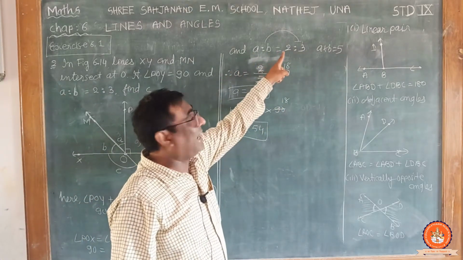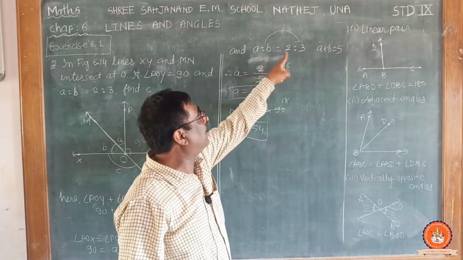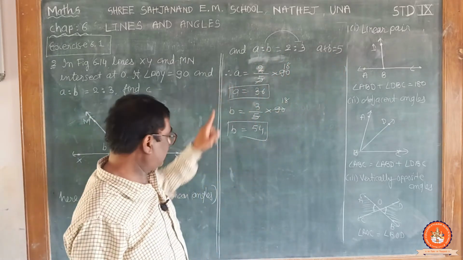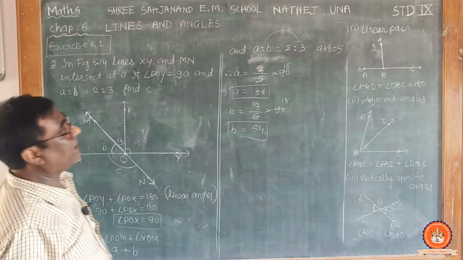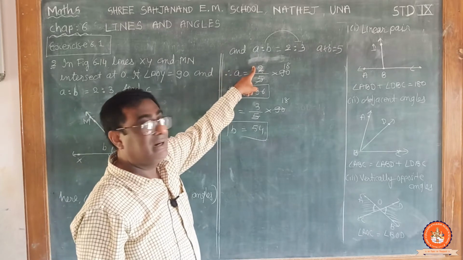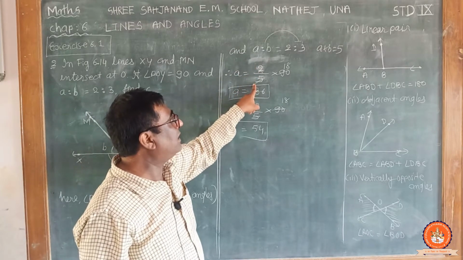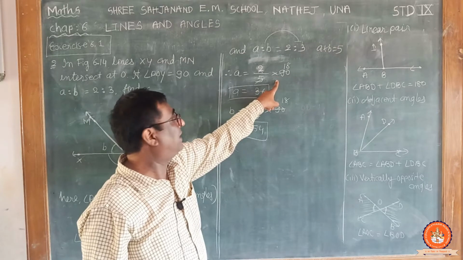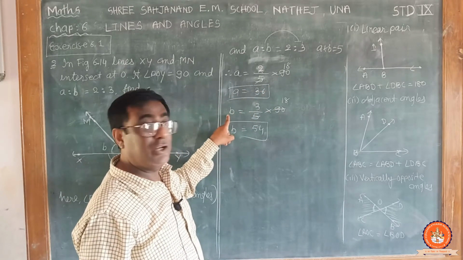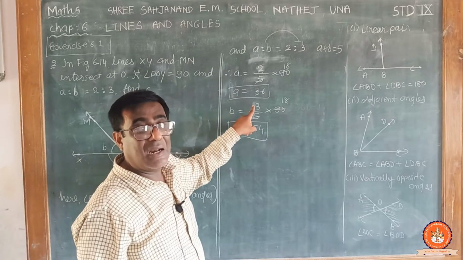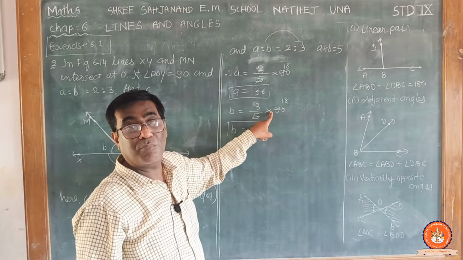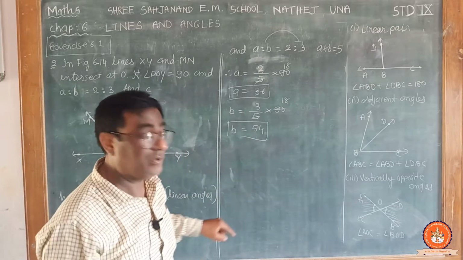So part of A is 2, part of B is 3, and total parts is 5, and the sum of the two is 90. Now the value of A will be the part of A divided by the total parts into the sum of A plus B. So this is how we can find 36. And the value of B is equal to the part of B divided by the total parts into the sum of the two, that is B is equal to 54.